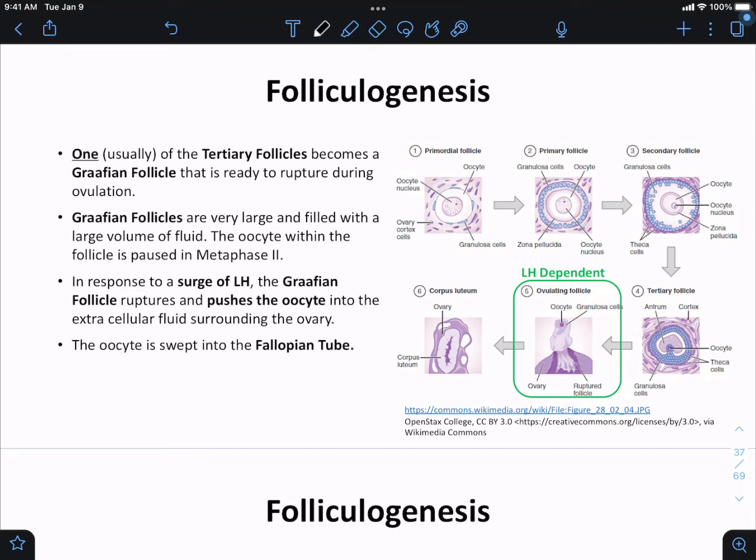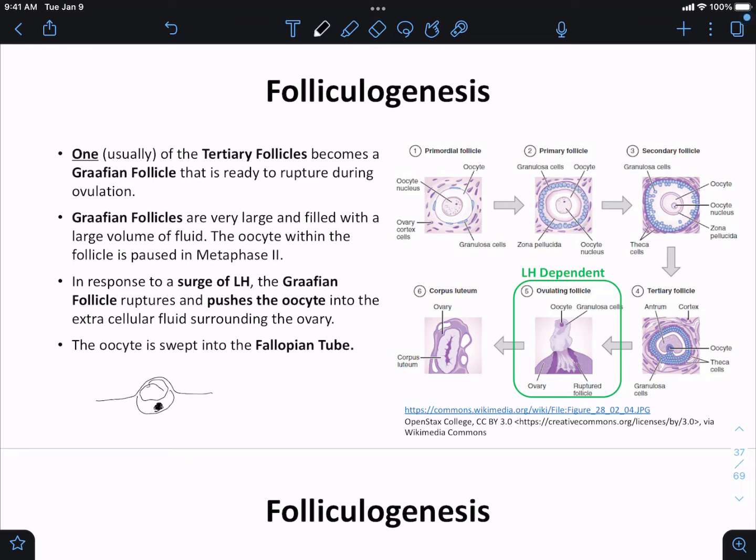If we were to zoom in on that ovary and see the outermost part of the ovary, what we would see is this Graafian follicle, quite large, with our little teeny tiny oocyte like so, filled with just this ton of fluid. Here's my oocyte. Anyway, ready to pop.